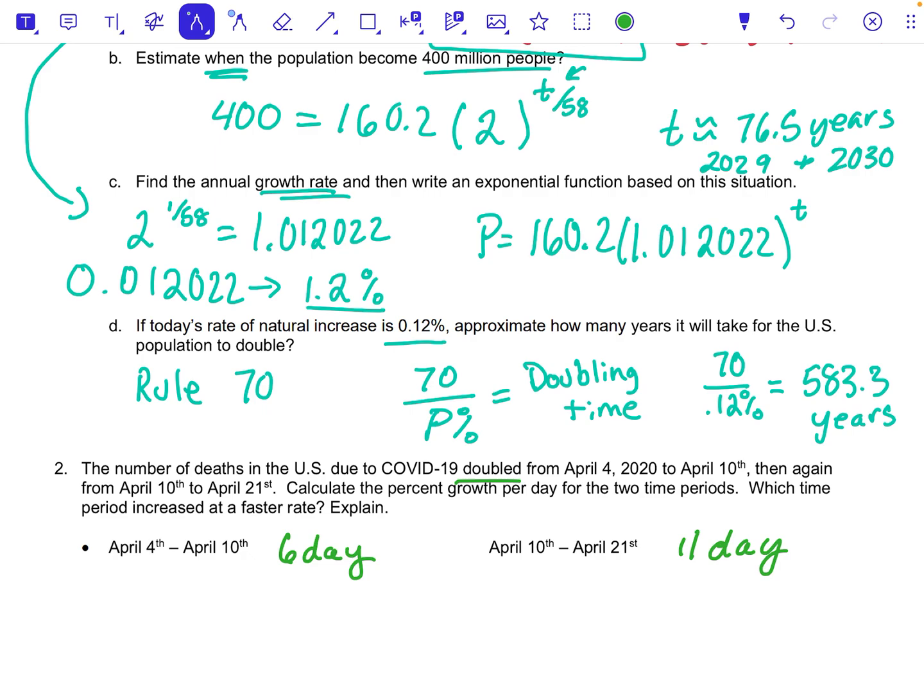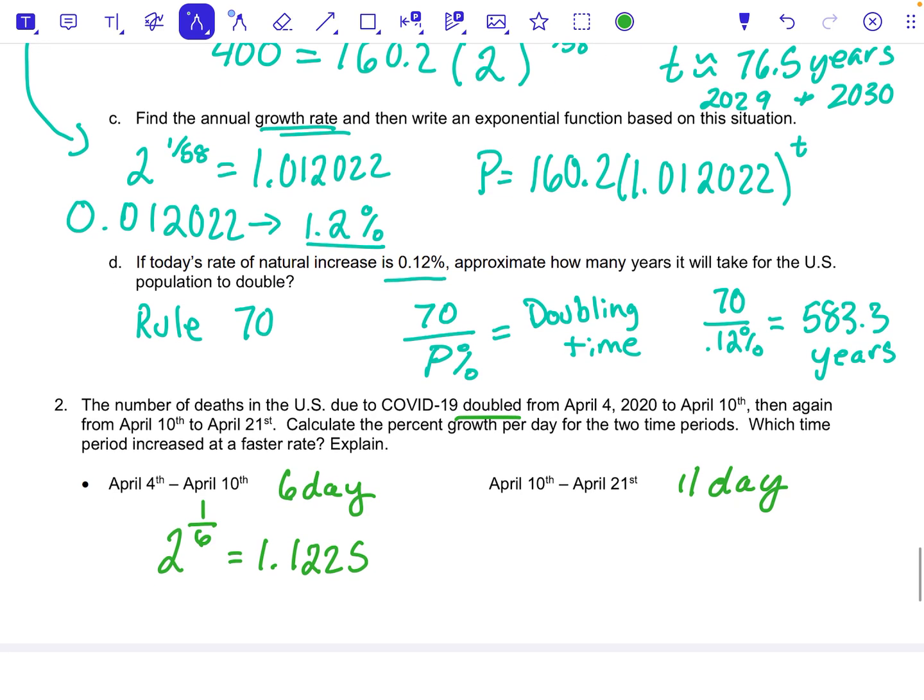In both of these cases, we're looking at doubling. And we know this here doubled every 6 days. But if I can figure out the daily growth rate, that would be 2 to the 1/6, and that would come out to 1.1225. And so there's my growth factor.